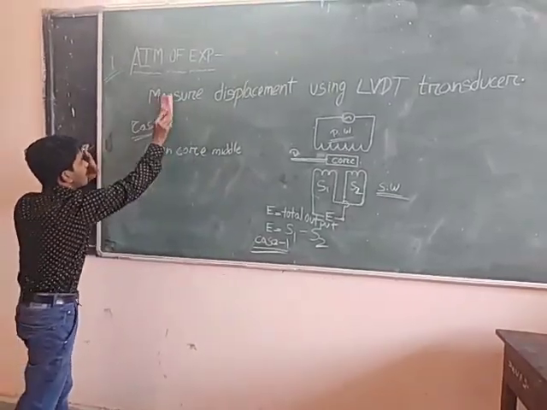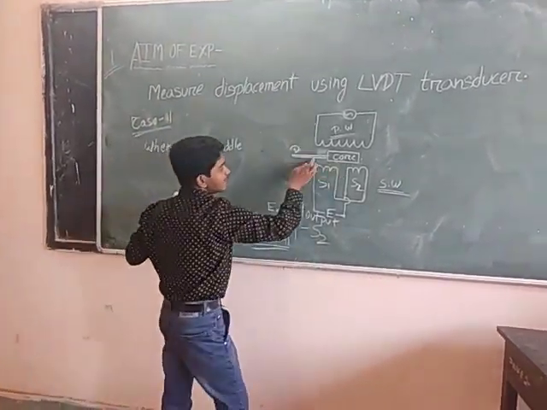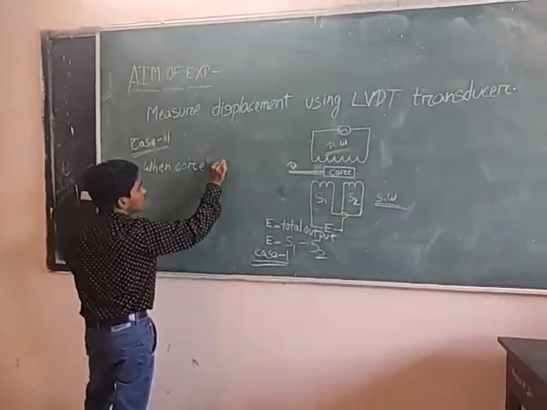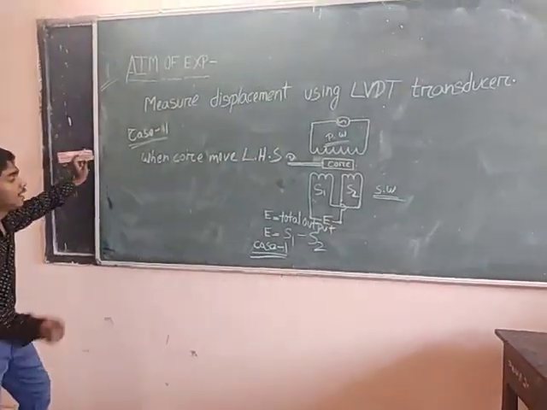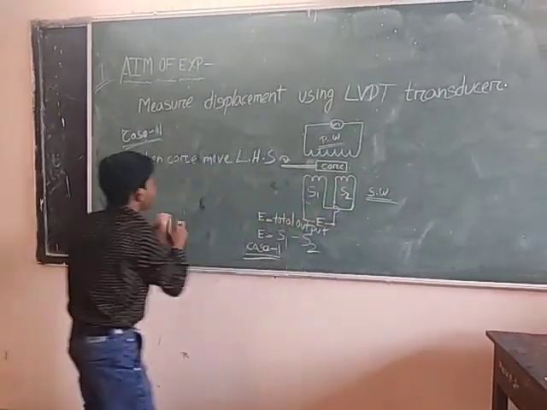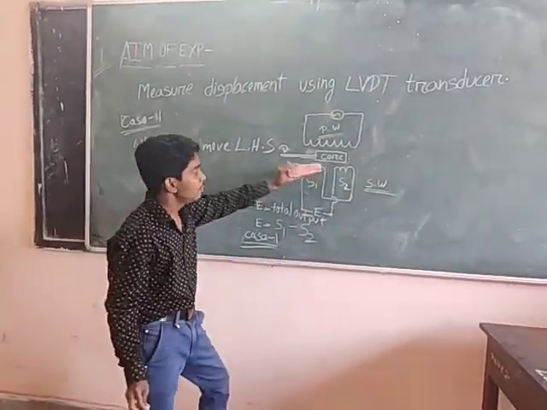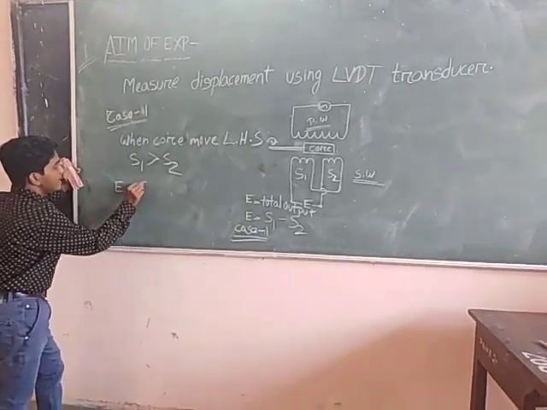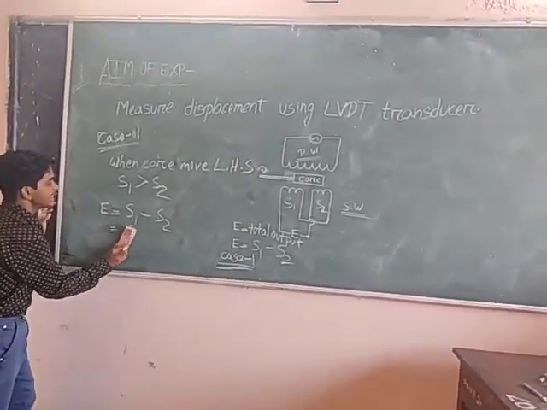Now case 2: left hand side. When the core is moved to the left hand side, it comes to this side, so here S1 gets a small amount of current, while S2 gets more. So S1 is greater than S2, and E is equal to S1 minus S2, so E is positive because S1 is greater than S2.